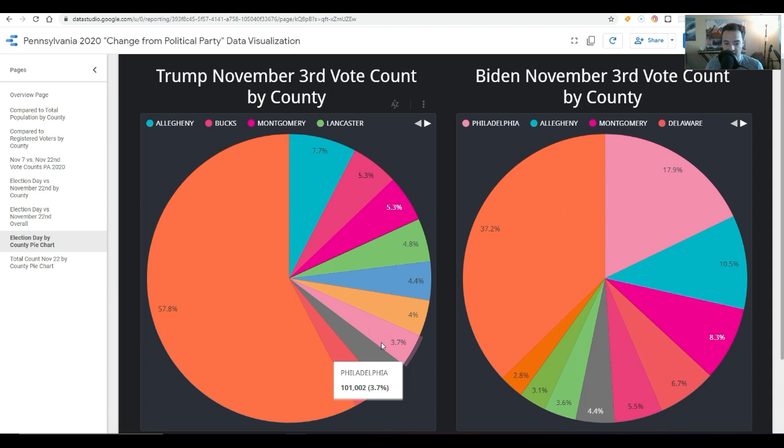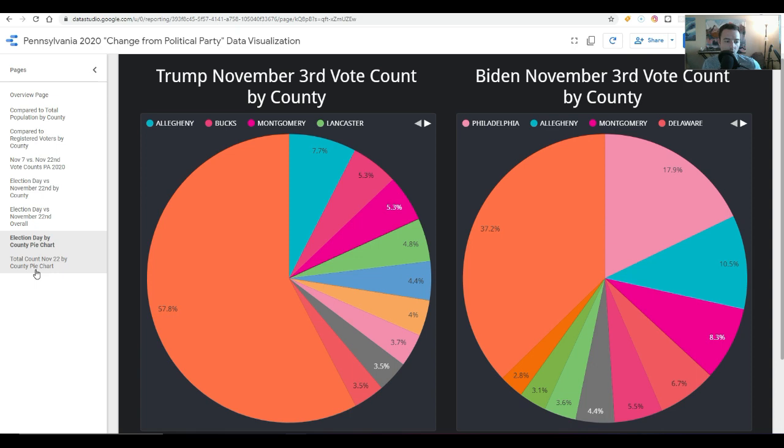You can hover over it: Philadelphia only makes up 3.7% of his vote on election day. Whereas the larger chunks on the Biden side go toward the more populated areas: Allegheny, Montgomery, Delaware, Philadelphia.